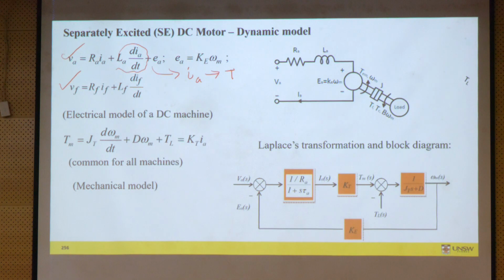Torque is proportional to armature current, as most of you know for a DC motor. So the armature circuit gives us the torque, and the field circuit gives us the flux, right? They are decoupled from each other, and controlling flux and torque independently is easy in a DC motor.